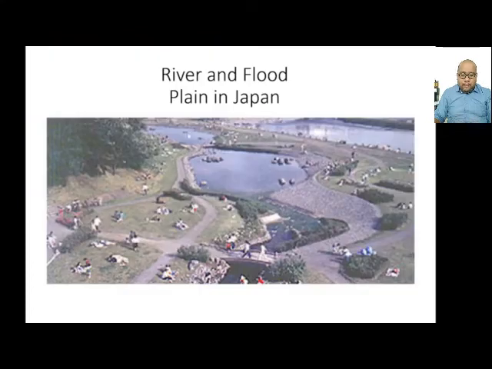You can see this one, the river and floodplain in Japan. Look, people exercise in this floodplain area. People don't live here because when there is heavy rain, this area will be covered with water and the flood will occur. So I think this is much better compared to building a bund or widening the river, where the problem will still occur.